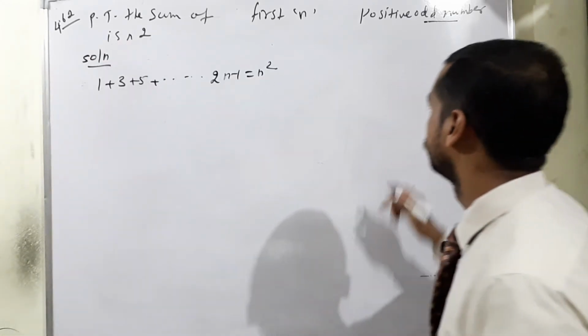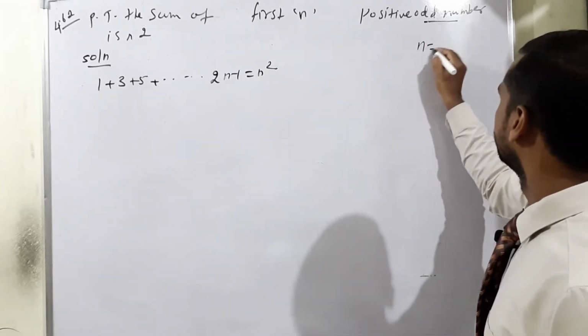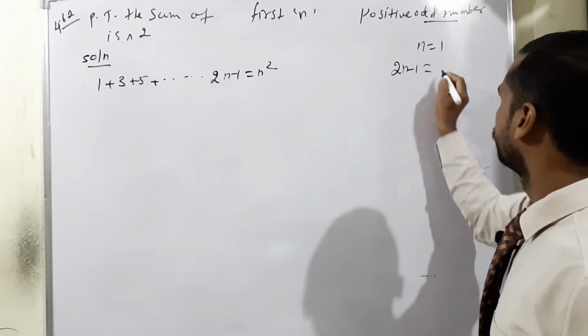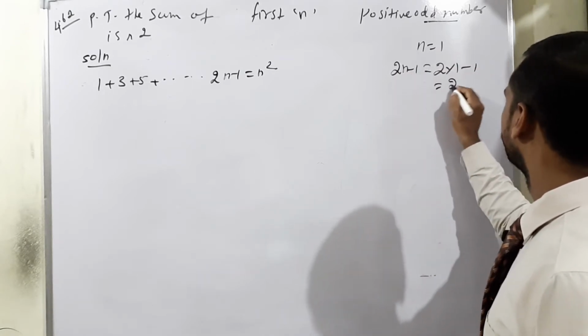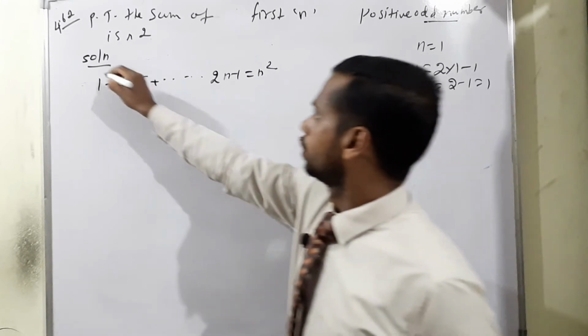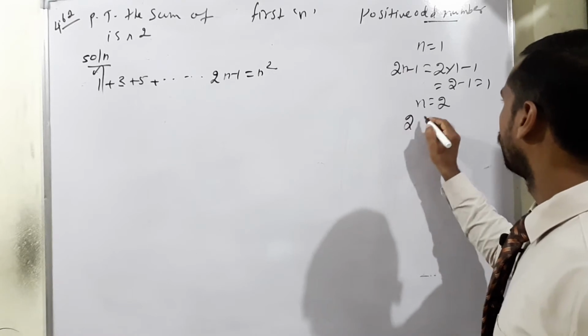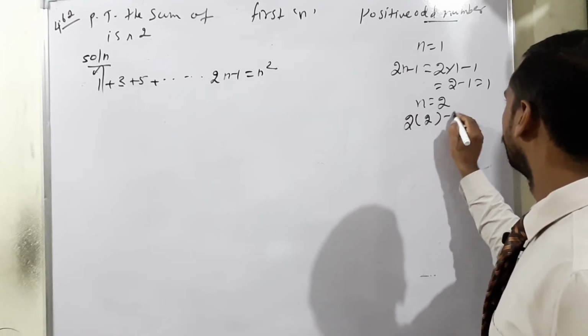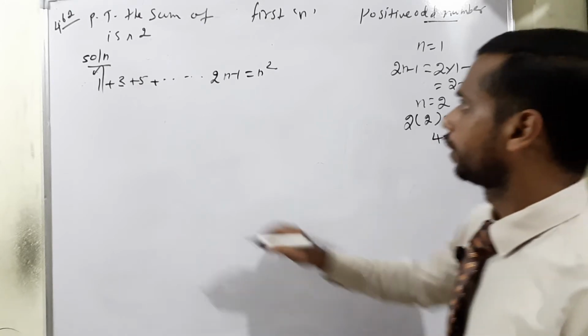Look at that. First, if we consider n is equal to 1, then 2n minus 1 is equal to 2 into 1 minus 1, which is 2 minus 1, equal to 1. That is the first number. When n is equal to 2, what will happen? 2 into 2 minus 1, 4 minus 1 is equal to 3.